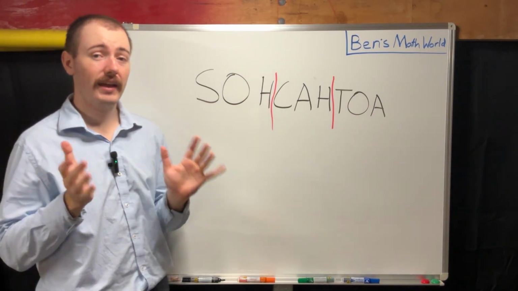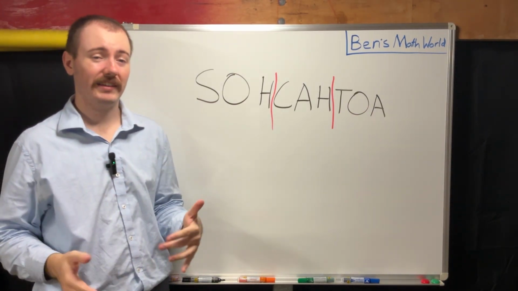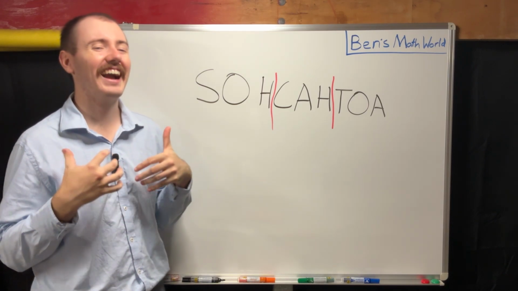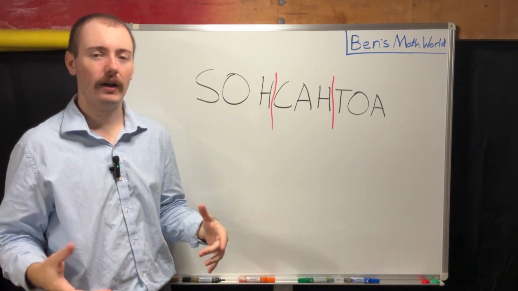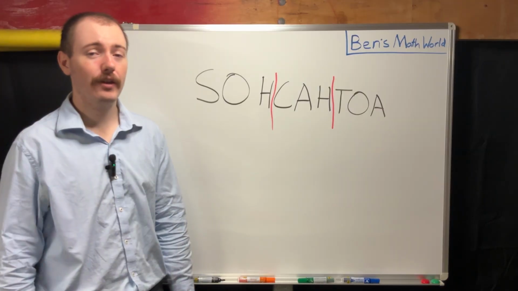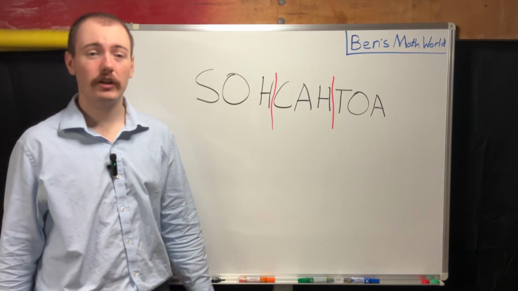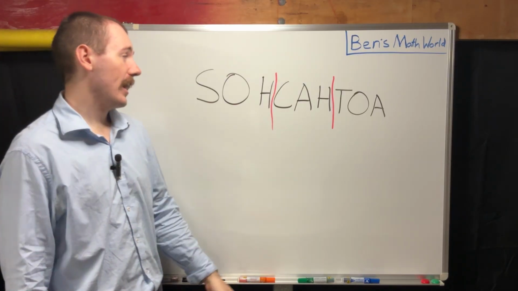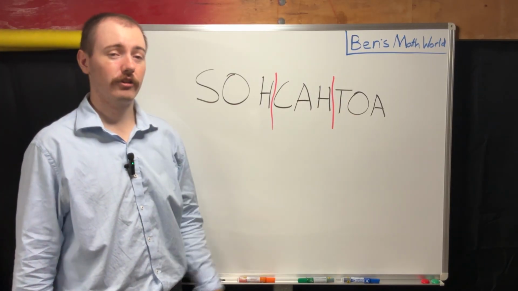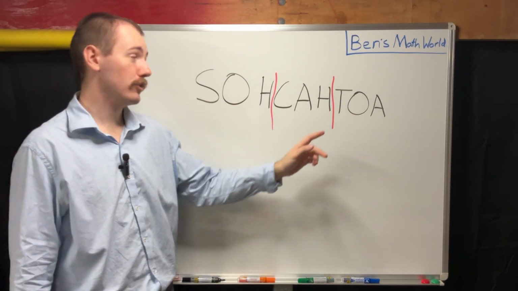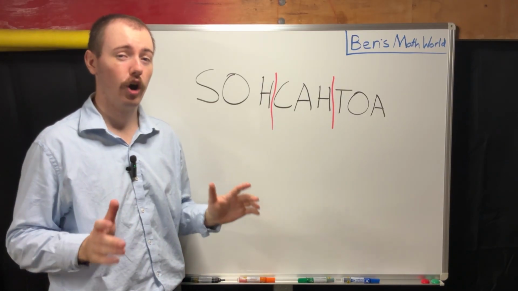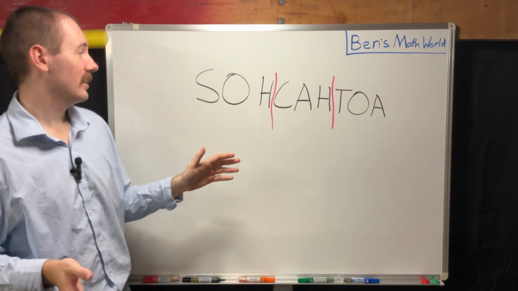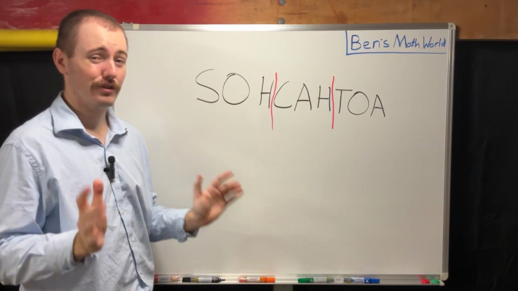Now you just got to say it a bunch of times and it'll make sense. SOHCAHTOA. And now, whenever you use sine, you're going to remember SOH. Whenever you use cos, you're going to remember CAH. And whenever you use tan, you're going to remember TOA. So, it's pretty good to remember.